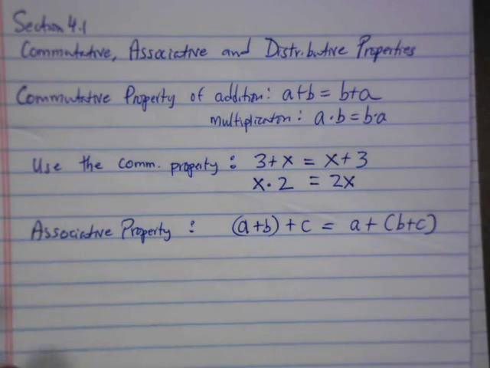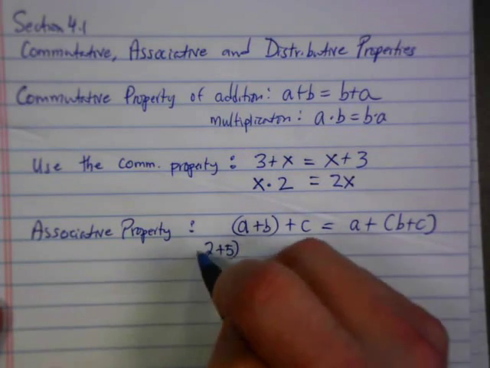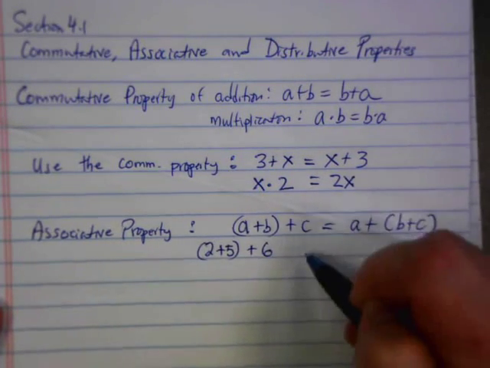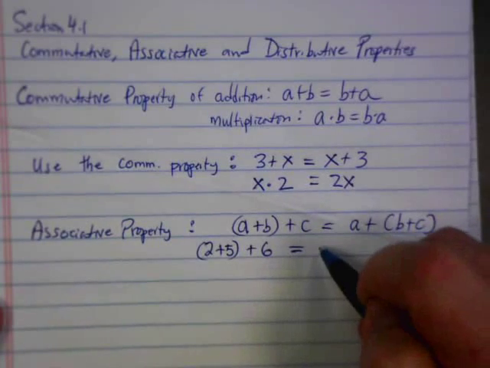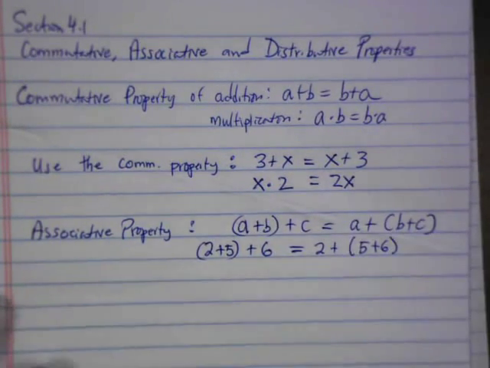So what I'm saying is, if I tell you to take the quantity 2 plus 5, plus 6, I'm claiming that's the same as doing 2 plus the quantity 5 plus 6. All the same numbers, but the way I write those makes a difference in how you do it, doesn't it? Because on the left-hand side, what would you have to do first? 2 plus 5, because it's inside the parentheses.